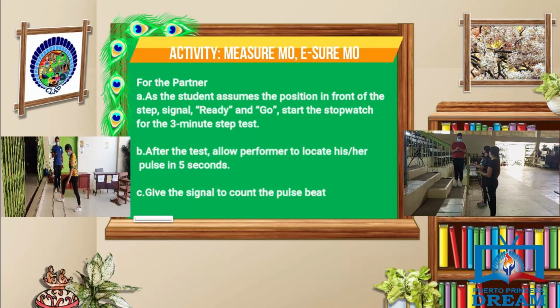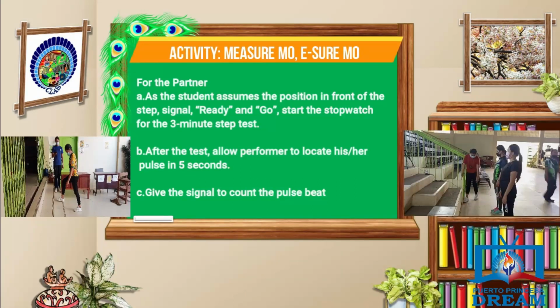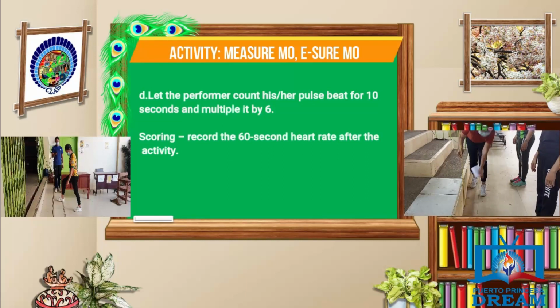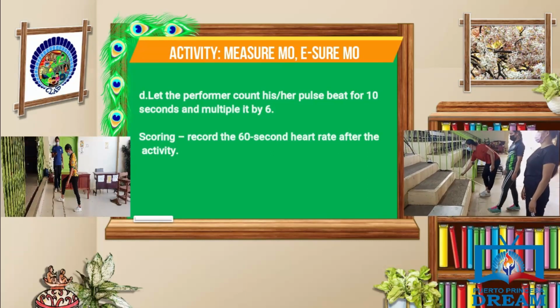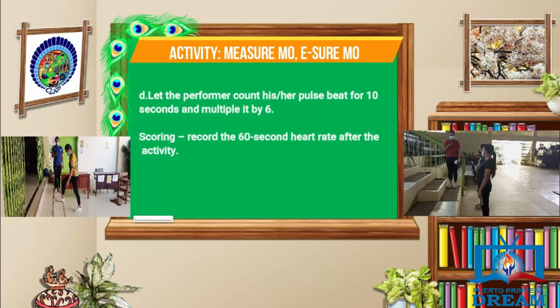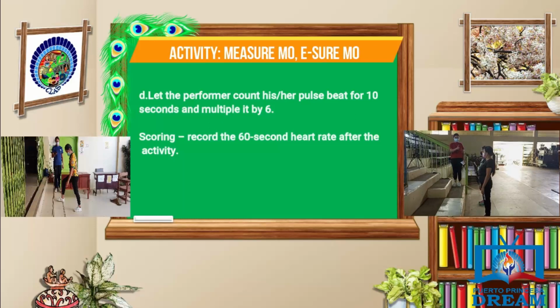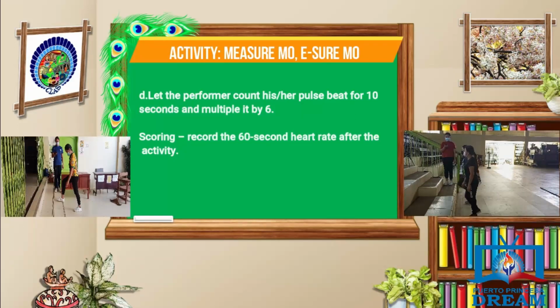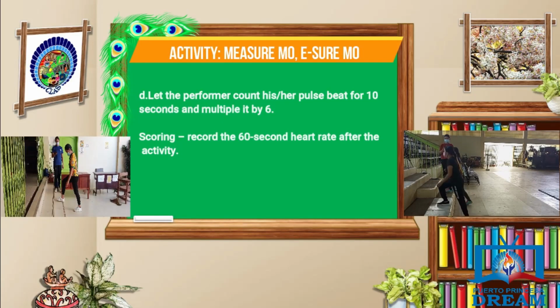Letter C, give the signal to count the pulse beat. Letter D, let the performer count the pulse beat for 10 seconds and multiply it by 6. And the last thing you must do is record the 60-second heart rate after the activity.